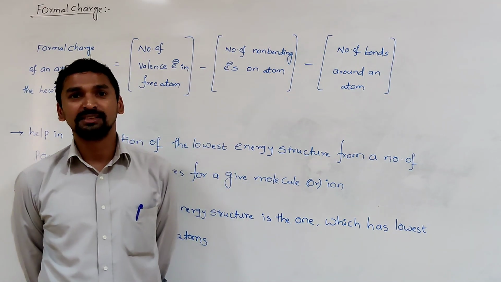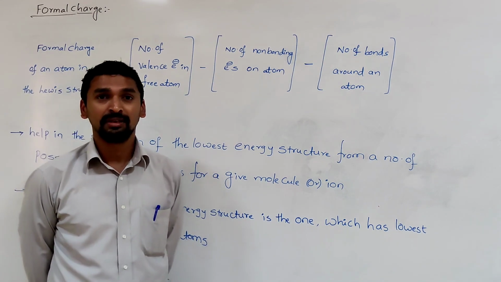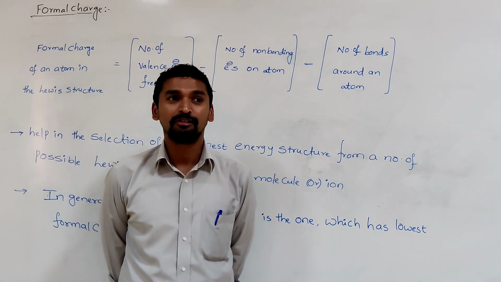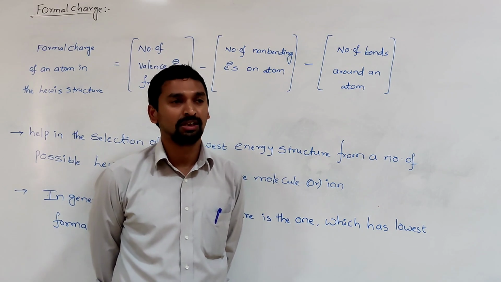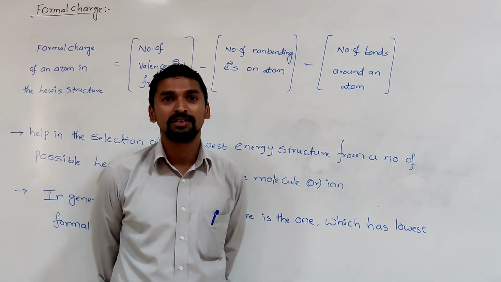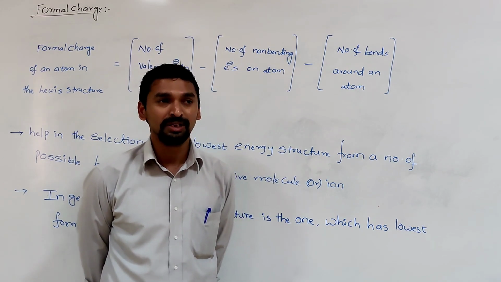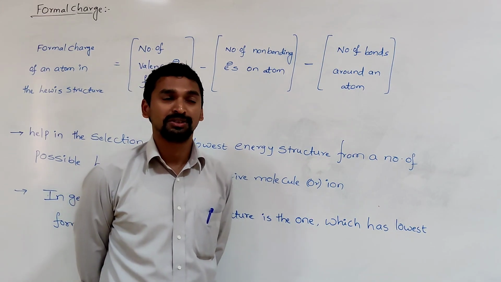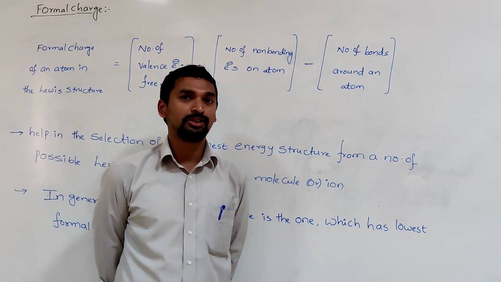If the number of valence electrons in the free atom is less than the number of electrons assigned to the atom in the Lewis structure, then the formal charge is negative. That means the formal charge may be positive, negative or 0.